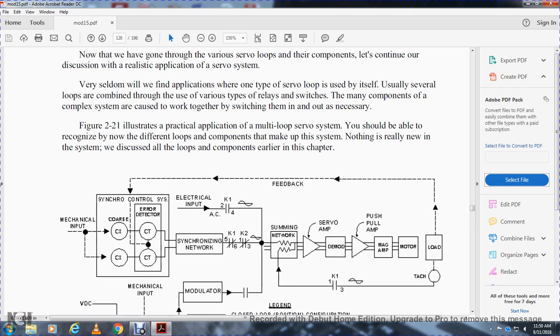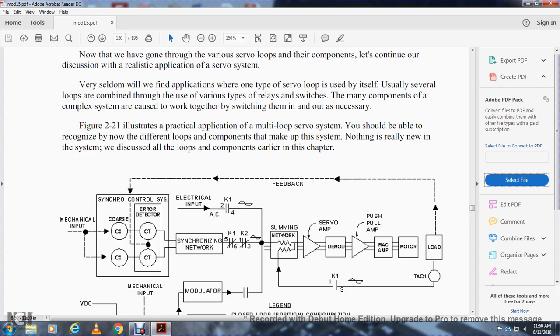Alright, mechanical input going into the control transformer, transmitter and control transmitter, two control transmitters in the synchro control system with the two control transformer rectifiers. This is the synchronizing network you have, and then you have an electrical input going into the capacitor.